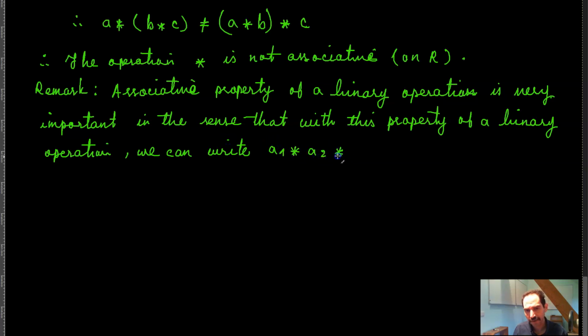A1 star A2 star all the way up to star A of n, which is not ambiguous.